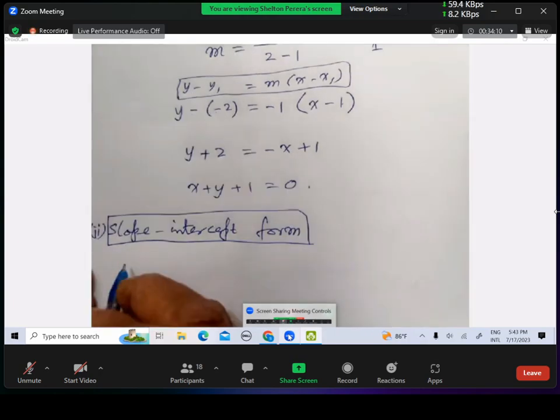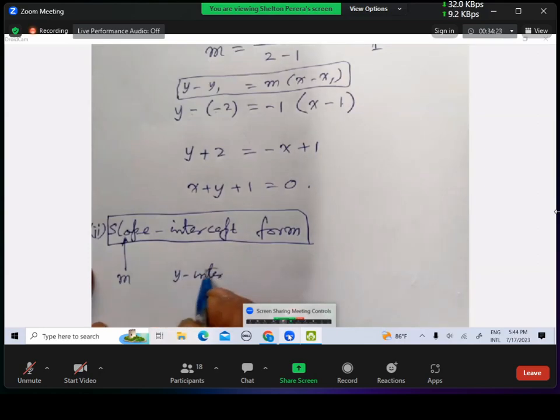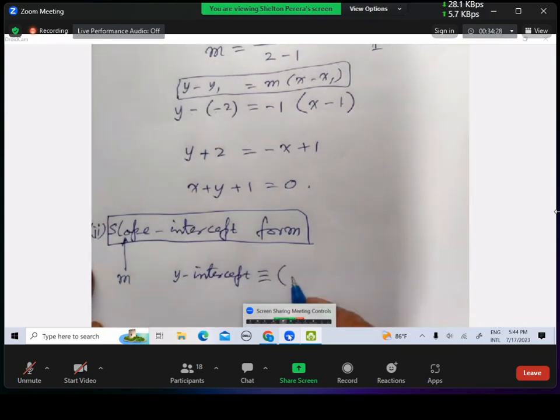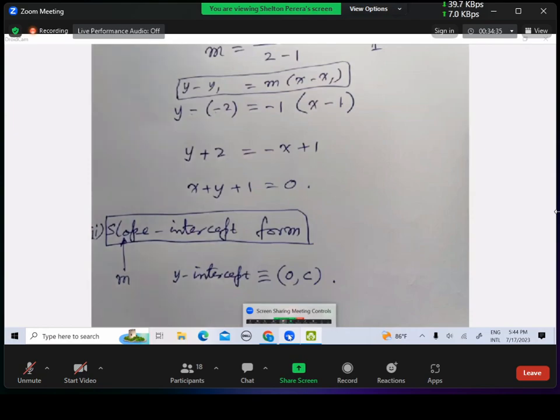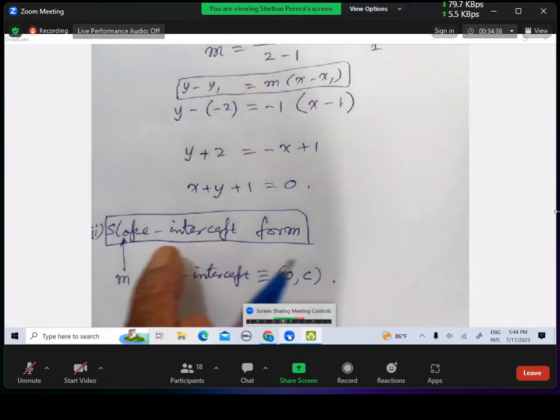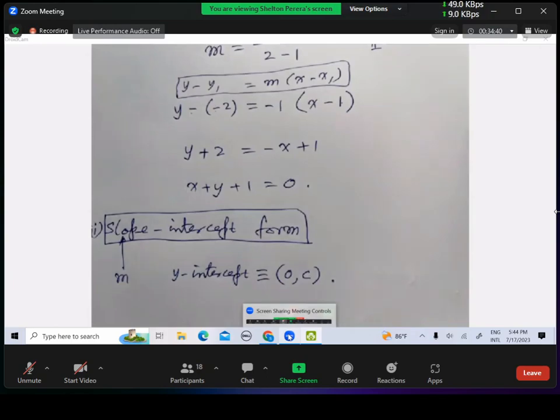Let us say the slope is m. We say slope-intercept form when the y-intercept is given. The y-intercept is (0, c). The word intercept in this form means the y-intercept, (0, c).